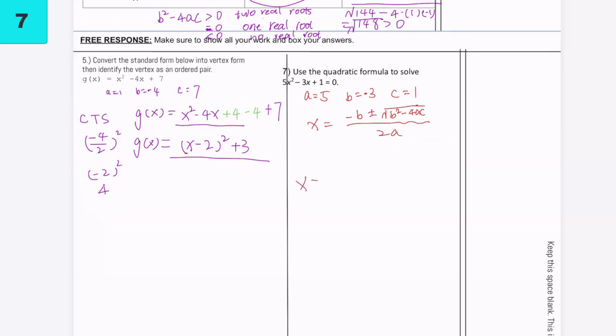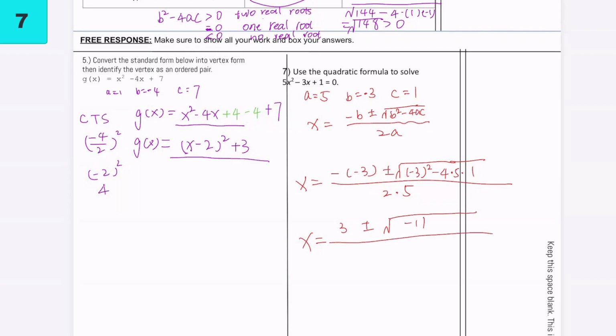So then x is equal to -(-3), which is +3, plus or minus the square root of (-3) squared minus 4 times 5 times 1, over 2 times 5. So that's 9 minus 20, so it's -11, over 10.